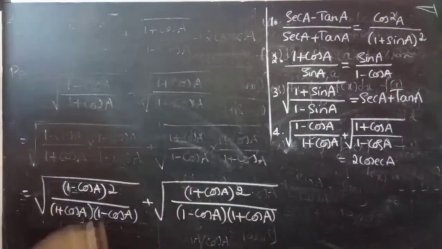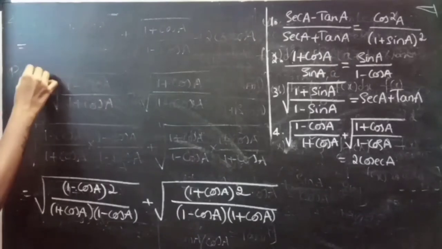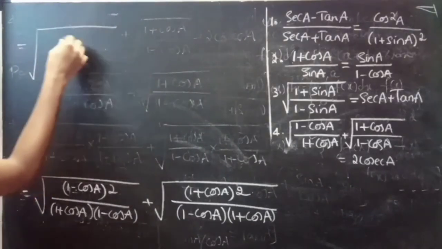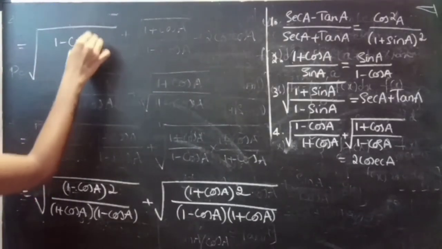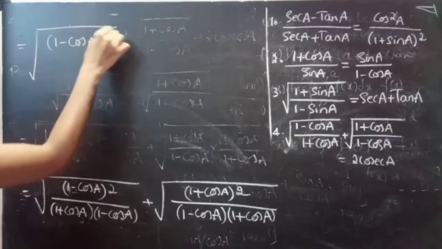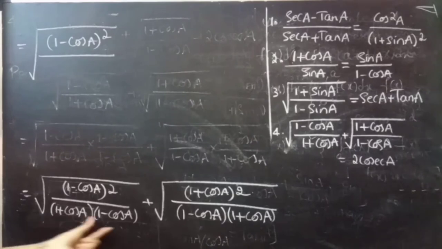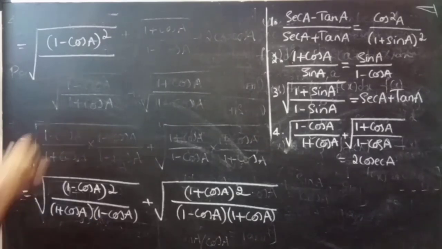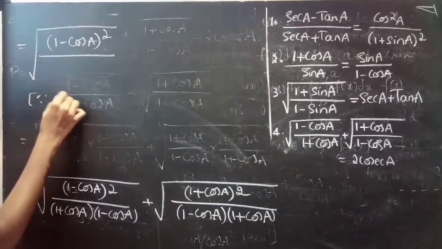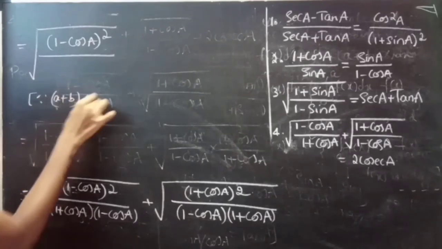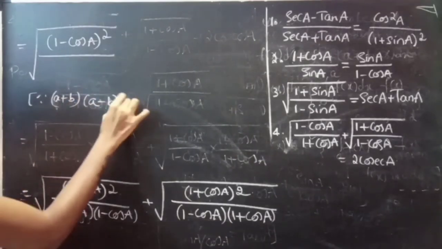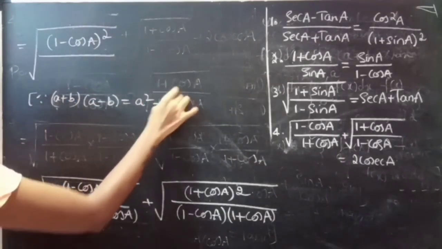Which equals square root of (1 minus cos A) whole square divided by, so this is of the form (A plus B) into (A minus B), since (A plus B) into (A minus B) equals A square minus B square.